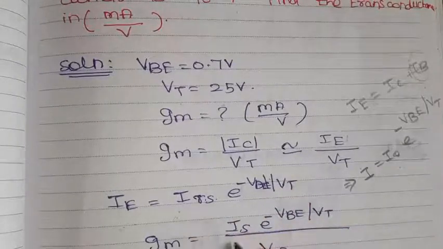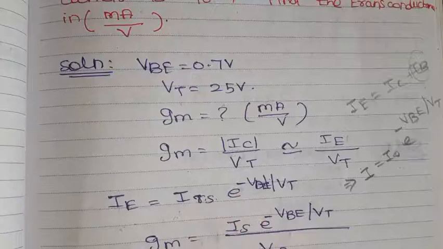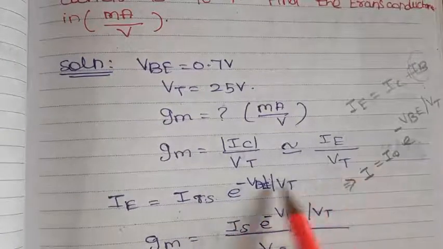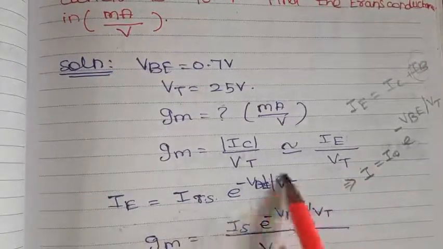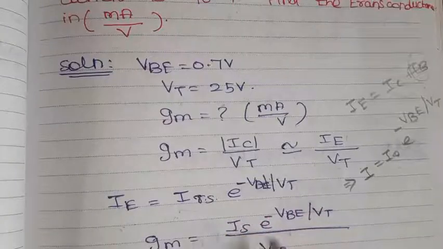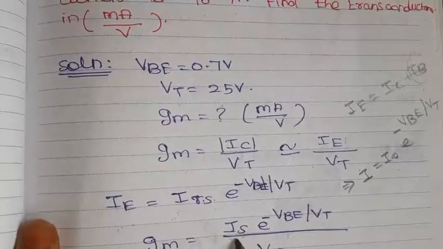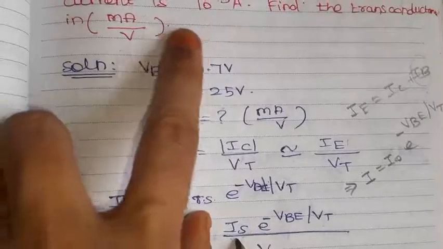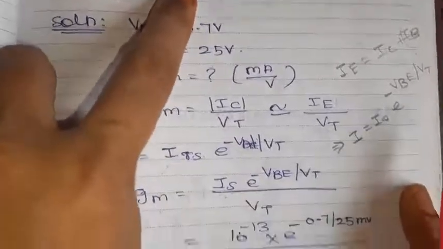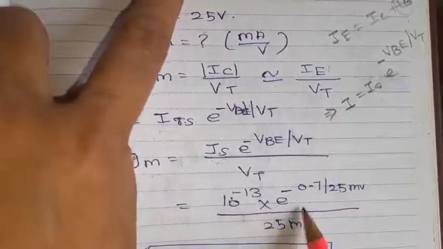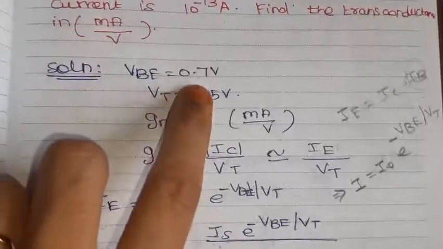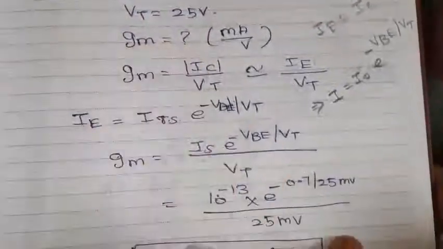So just substitute in GM equal to IE by VT. IE value is this one. Just substitute these. It is the reverse saturation current 10 power minus 13 amperes into e power VBE 0.7 divided by VT 25 millivolt, right?